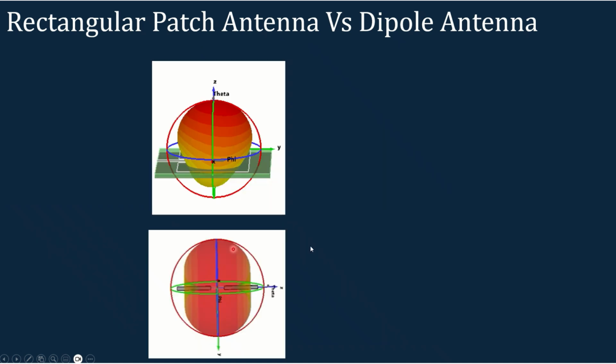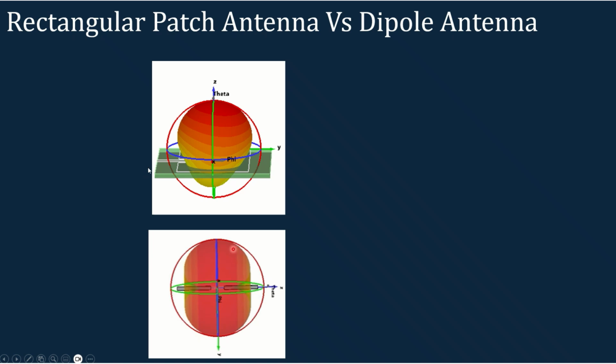Let's consider the radiation pattern. We have seen that the dipole antenna doesn't have any dedicated ground plane, so the radiation occurs in all directions. But in the patch antenna, as we have the ground plane, the radiation going towards the ground will be reflected back, and we will have the broadside pattern.